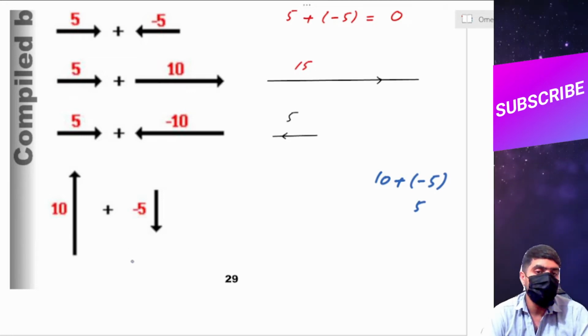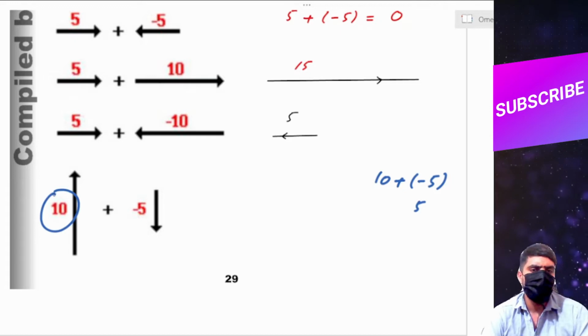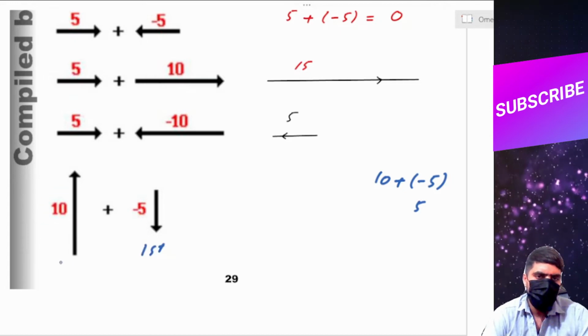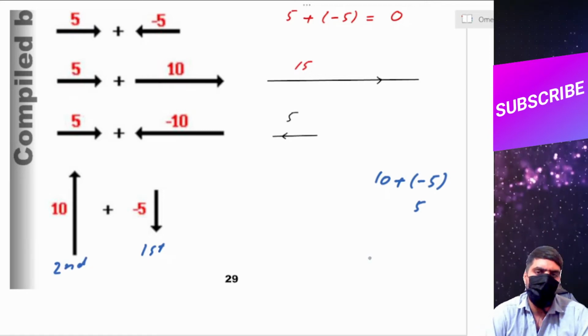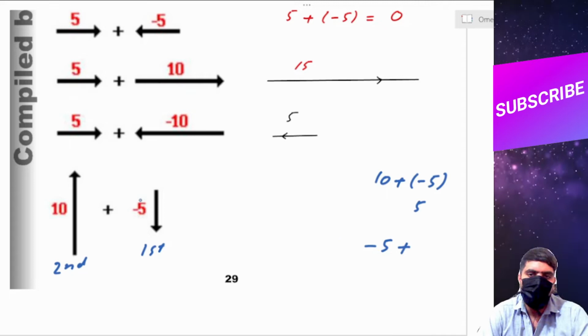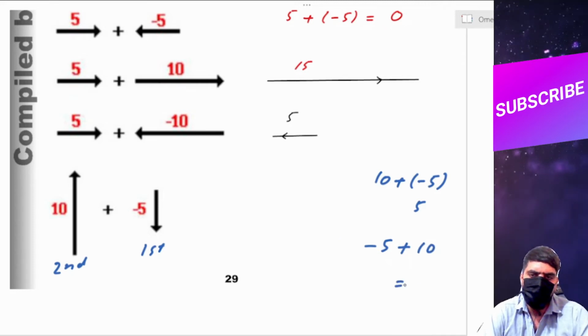It doesn't really matter which vector you consider the first one. The answer would be the same in any case. Let's say I consider this the first one and this the second one. So I'll be writing minus 5 added with plus 10. The answer would still be 5.